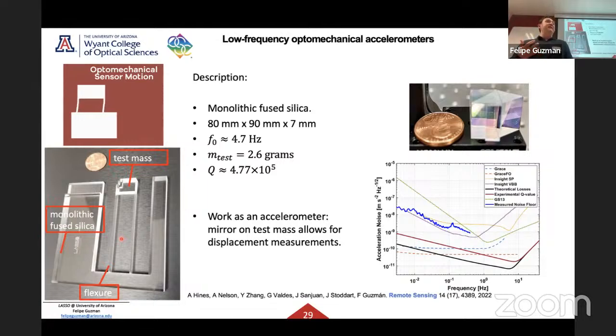Low mechanical losses basically translate into high mechanical quality factors, which will give you an idea of how good that mechanical resonator will be for acceleration sensing. This, for example, is a 5 Hertz resonator, a very low resonance frequency, but also in a fairly compact format if you compare it with the instruments that I showed you earlier. This is a US penny, just to give you an idea of the size.